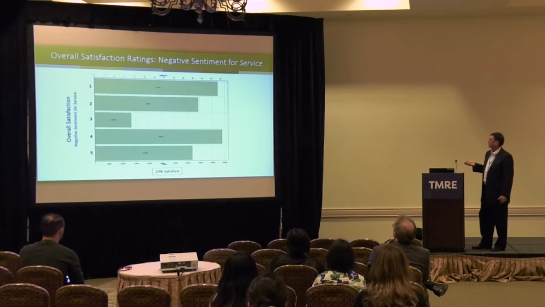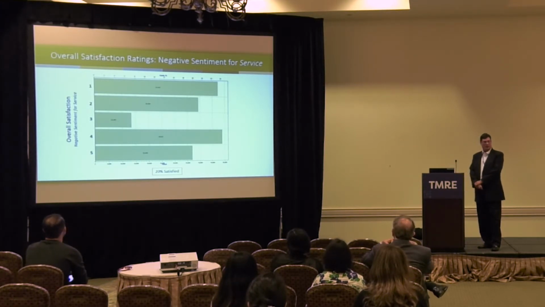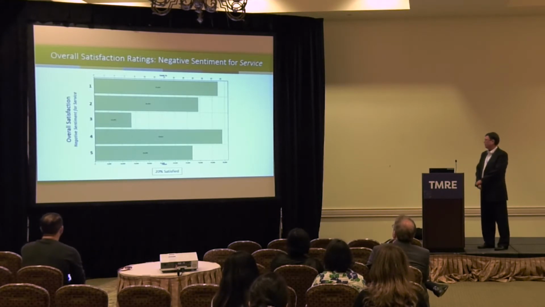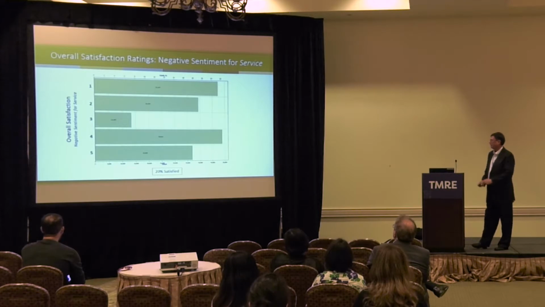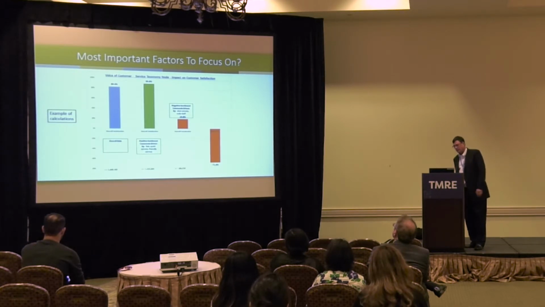Okay, and now if we look at the sentiment ratings for people whose comments had negative sentiment, the satisfaction dropped from 83 down to 20, which is pretty low. But fortunately, there aren't very many of these. That's the good thing. So if you look at this graph on the left, the overall satisfaction of all the comments was 83%.